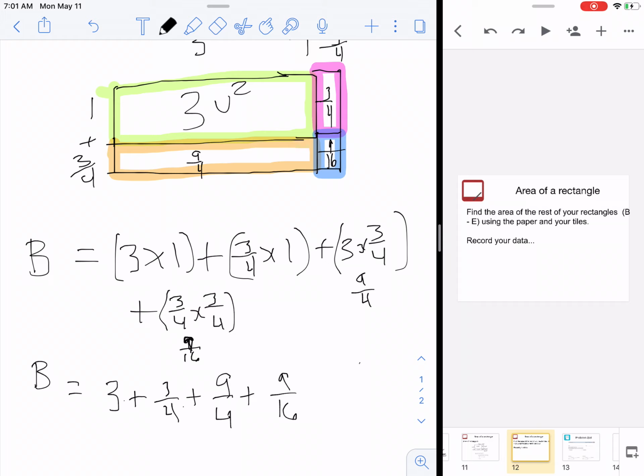So 3/4 plus 9/4 is what? 12/4. So now we have 3 plus 12/4, because we combined these two because they have the same denominator, plus 9/16.